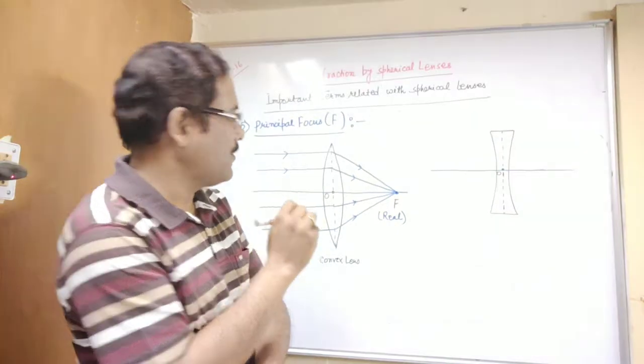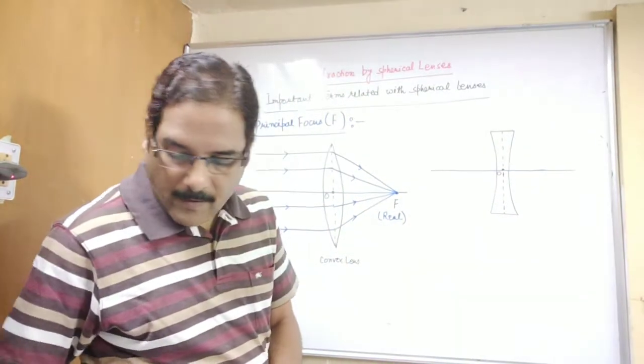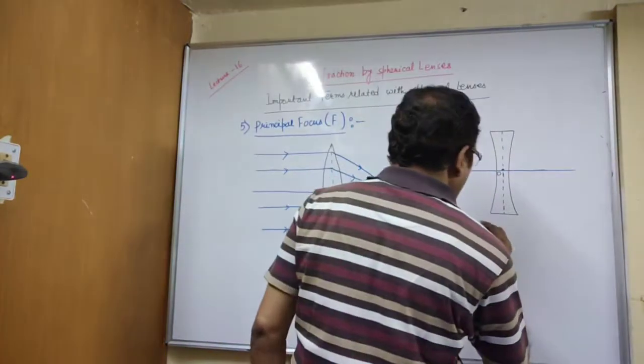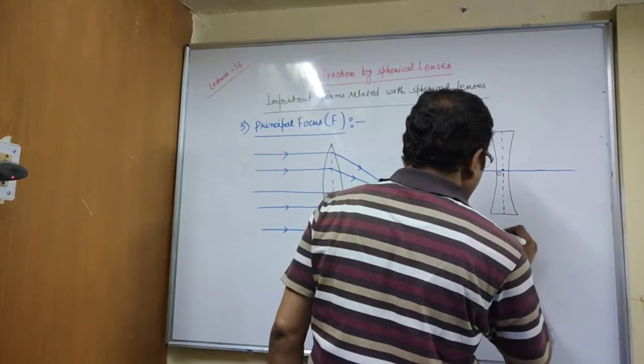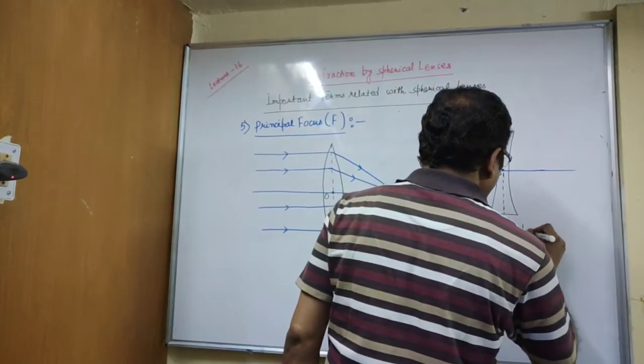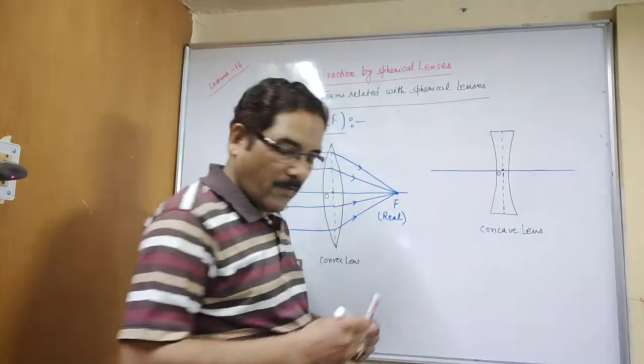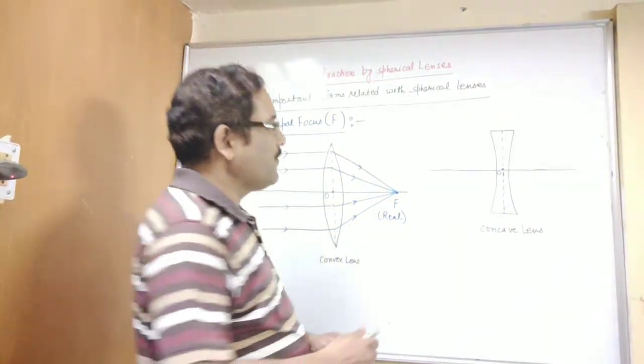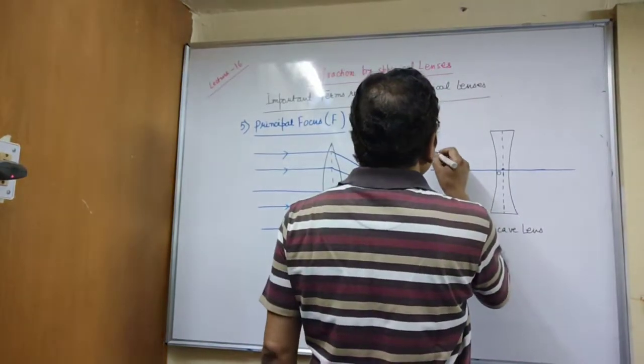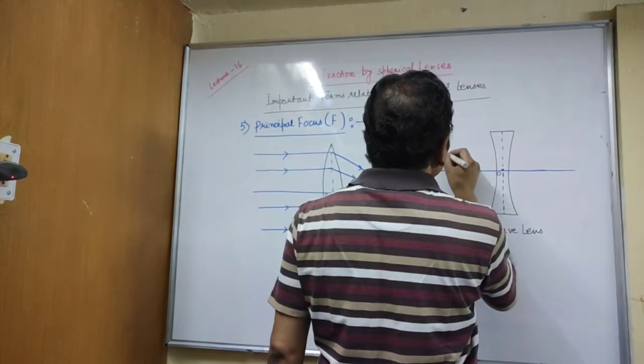Now, in the case of a concave lens, if parallel rays of light fall on it, suppose these are the rays.